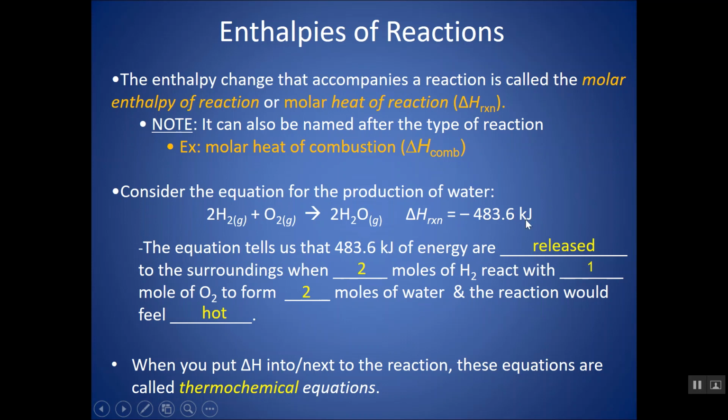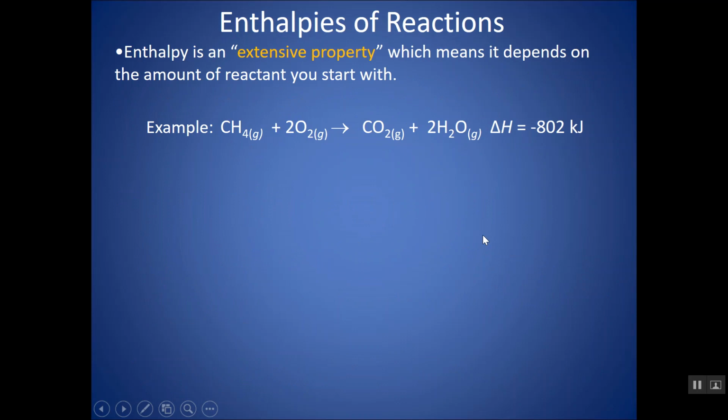Notice that it has units of kilojoules here. Sometimes we write it as just kilojoules, but it's implied that it's really kilojoules per molar amount of each thing reacting. It's kilojoules per 2 moles of H2, or per 1 mole of O2, or per 2 moles of H2O. It's really just another stoichiometric quantity. It depends on the amount of reactant you start with.